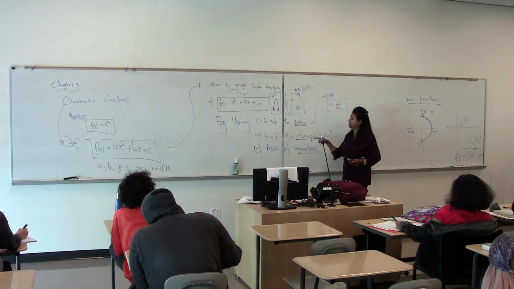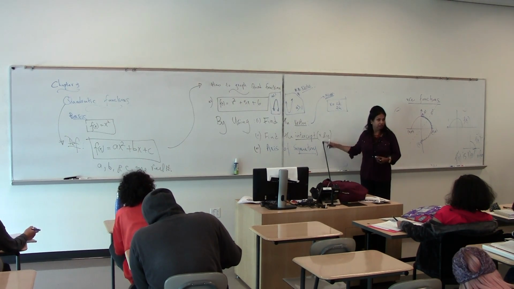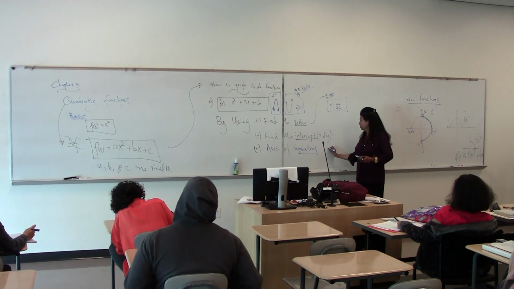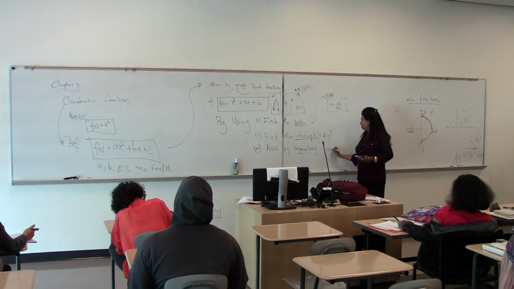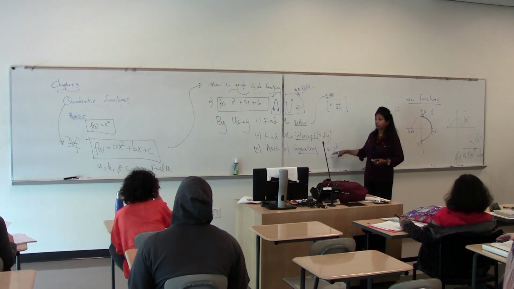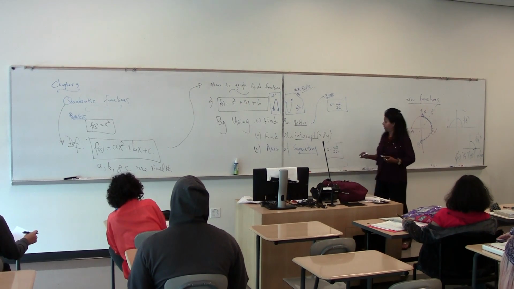The axis of symmetry is the mirror line. It is x equal to negative b over 2a. This line is the axis of symmetry. Okay, so we're going to pick the other point.